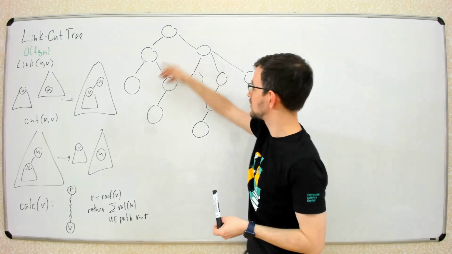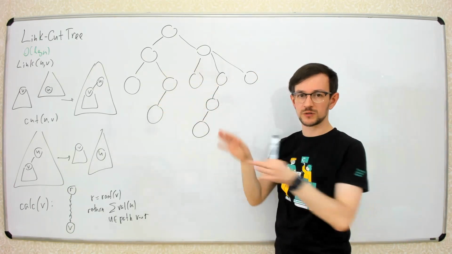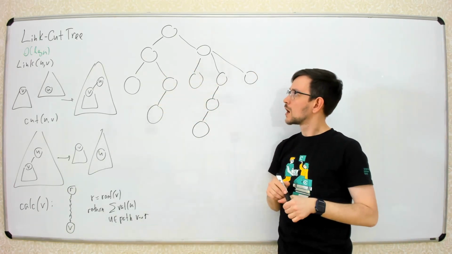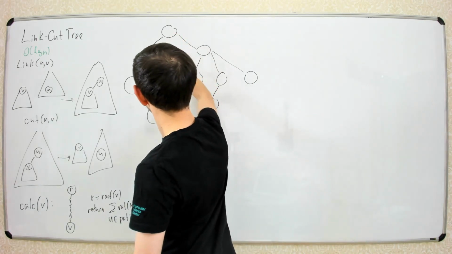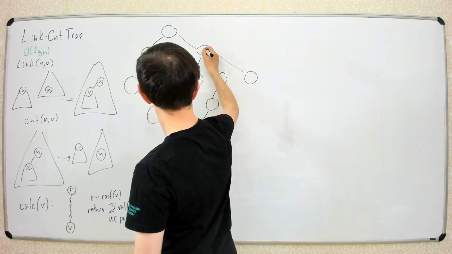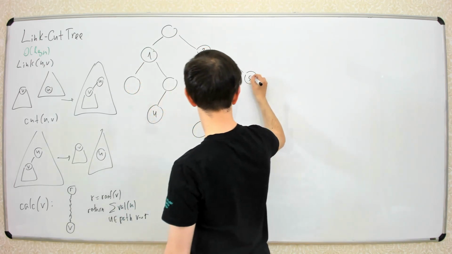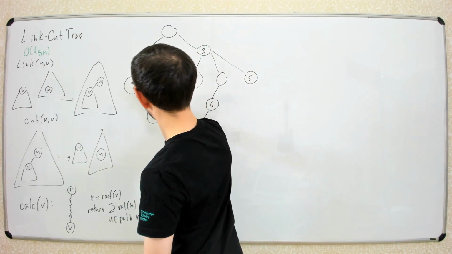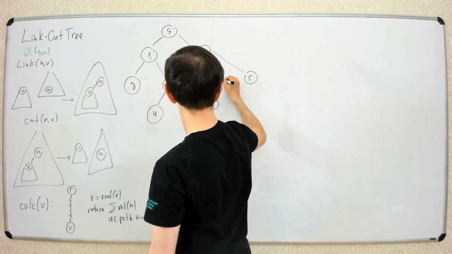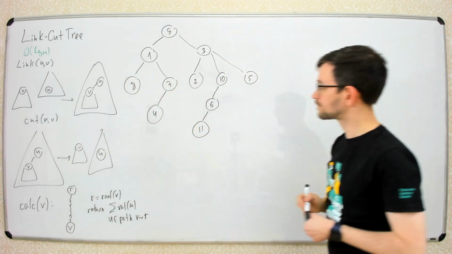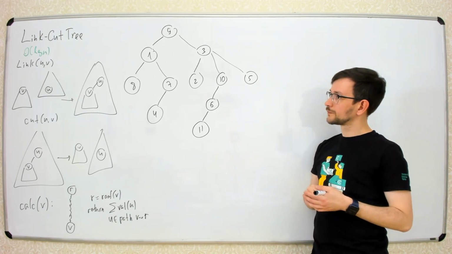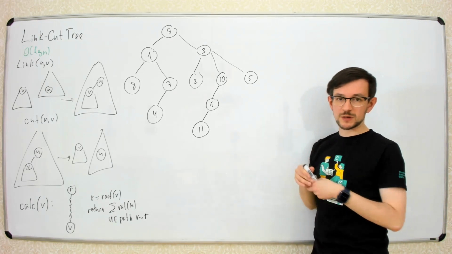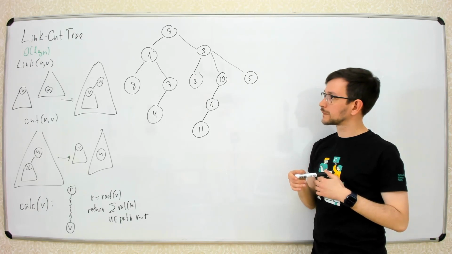This is the root of the tree, and these are the leaves of the tree, as usual, like a normal tree. Let's put some labels: 1, 2, 3, 4, 5, 6, 7, 8, 9, 10, 11. Cool. So you have some normal rooted tree.